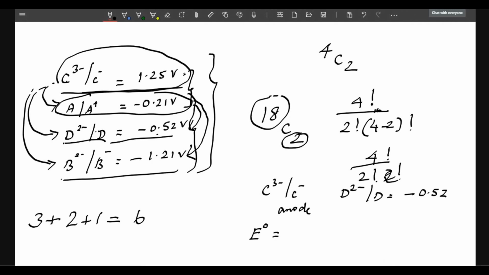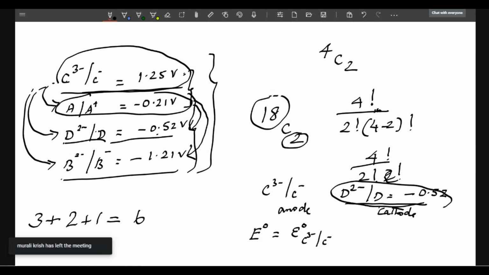E0 is given by E0 of the anode, oxidation, for C. Here we have written the oxidation potential, but at the cathode, reduction would be taking place.